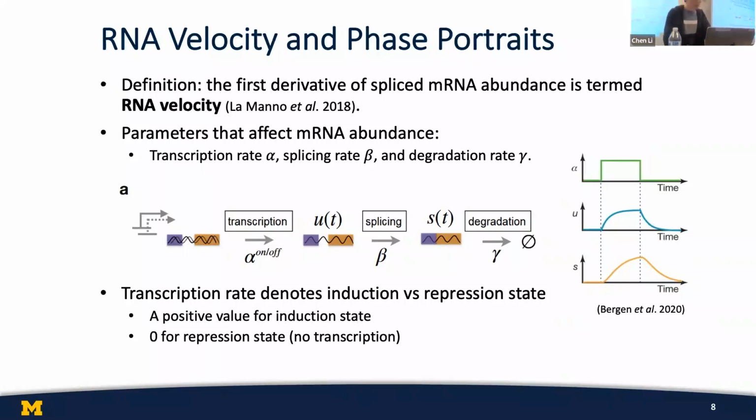In this simplified model, the transcription rate has only two values. One is a positive value for the induction state. This induction state means that the transcription is actively happening. And when transcription terminates, the transcription rate becomes 0.